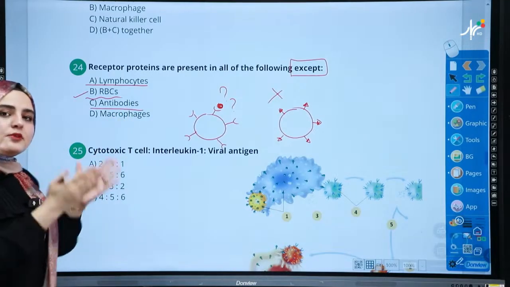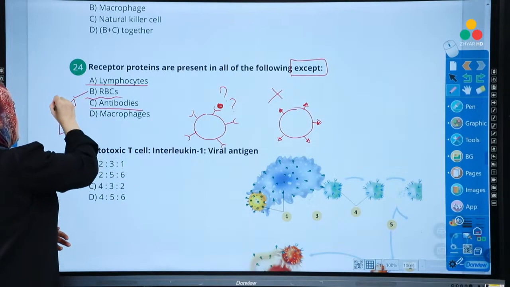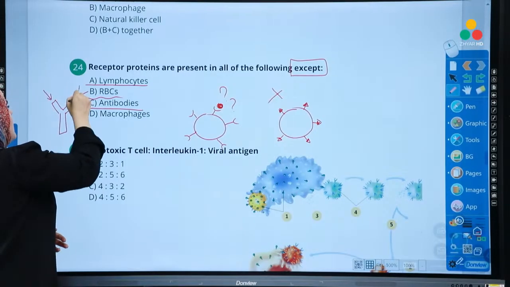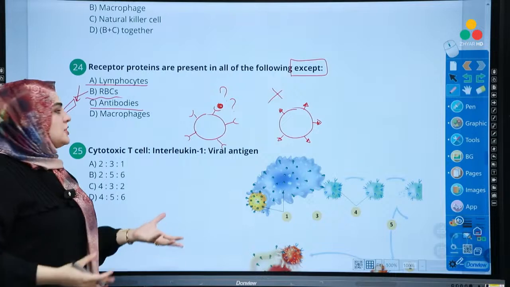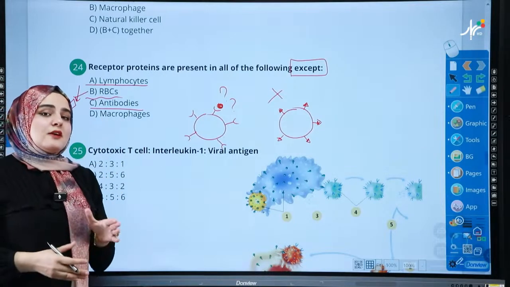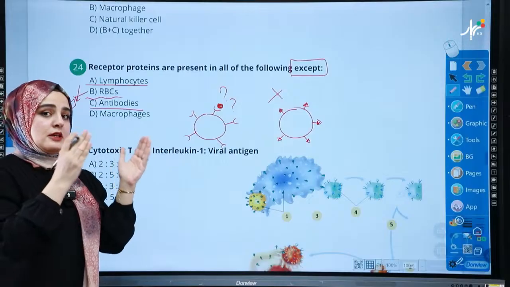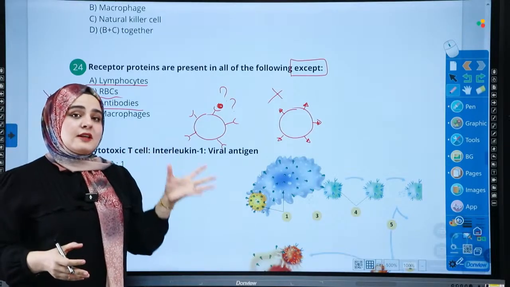Antibody is a receptor itself. It has a Y shape like this, and both ends here are receiving and binding to the antigens. As for macrophage, most students think, oh, a macrophage is non-specific immunity. They cannot recognize the type of the antigen.